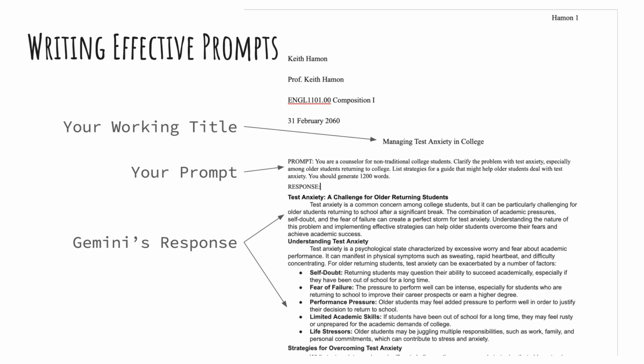But test anxiety for older students returning to college. And I want it to list strategies. And what kind of document am I going to be producing? A guide that might help older students deal with test anxiety. And then I'm giving it a ballpark 1,200 words to generate.